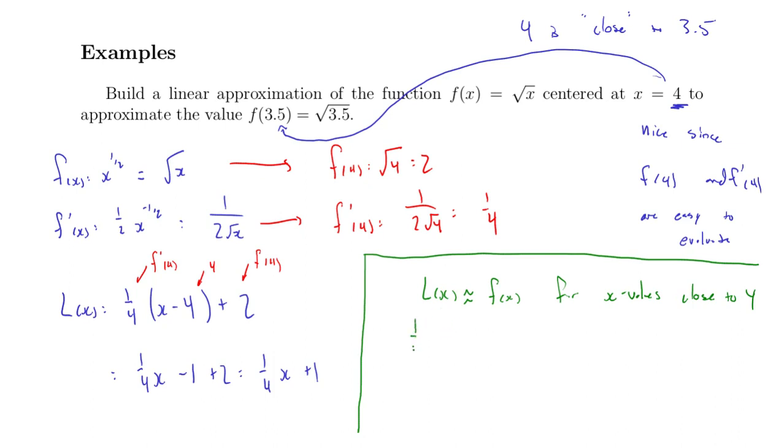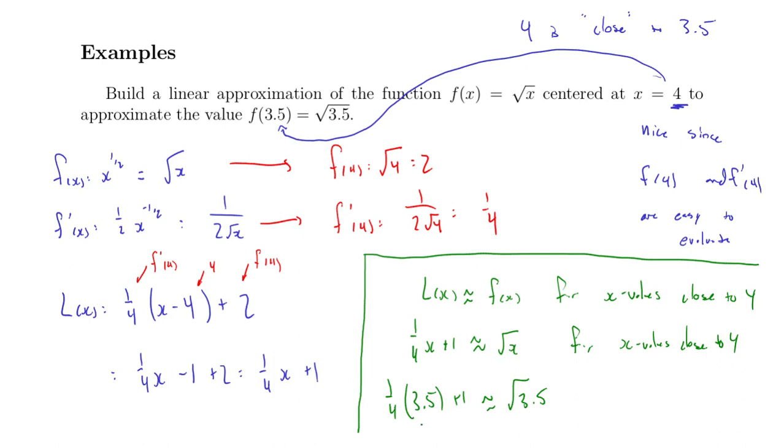So what this means is 1/4 x plus 1 is approximately equal to the square root of x for x values close to 4. And so that means, oops, not negative a fourth, positive a fourth. 1/4 times 3.5 plus 1 is approximately equal to the square root of 3.5.